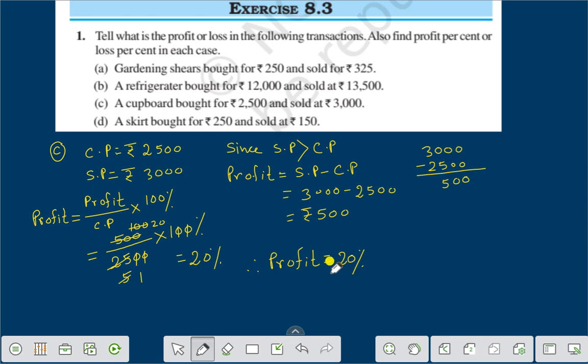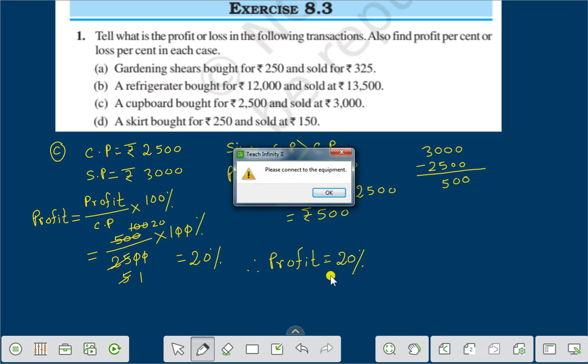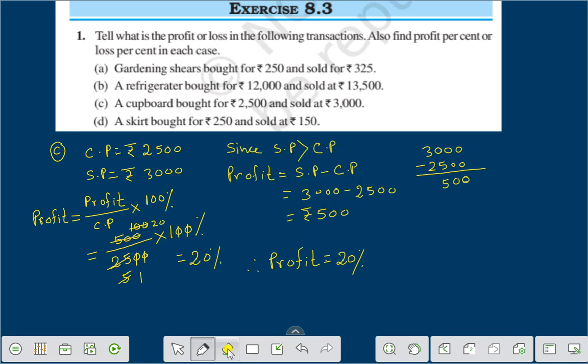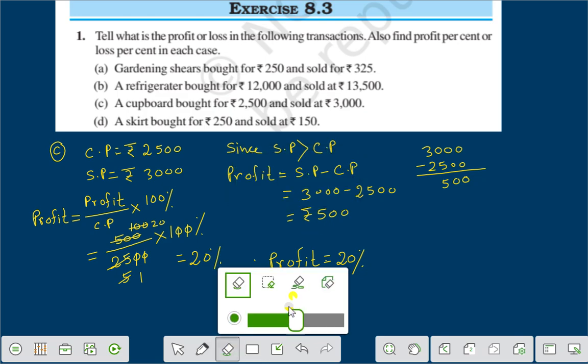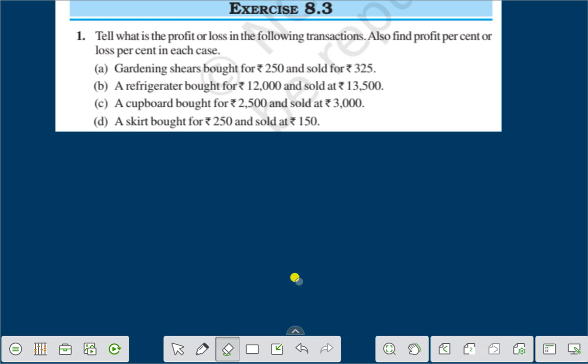Right? Now we solve question number D. Now question D: skirt bought for rupees 250 and sold at rupees 150.